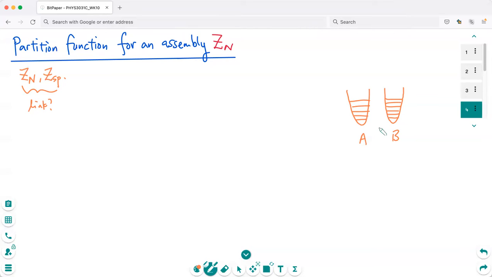Okay. So the goal is this: I want to find the relationship between them.